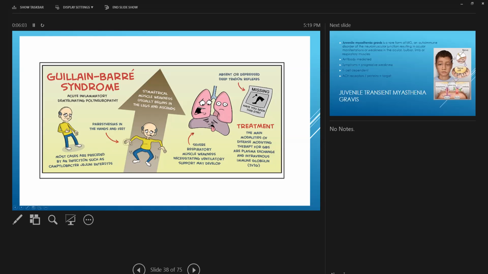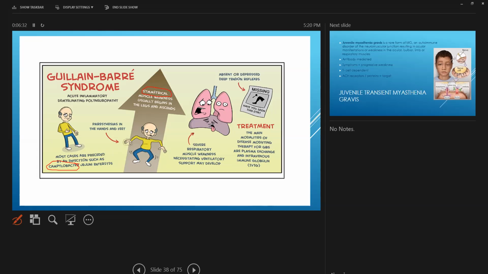So Guillain-Barre, most commonly after Campylobacter jejuni infection, it's going to affect the feet and work up. It's symmetrical, okay? So that's a really big point with Guillain-Barre, that it's symmetrical. So there's some things here. Symmetrical, Campylobacter, right?